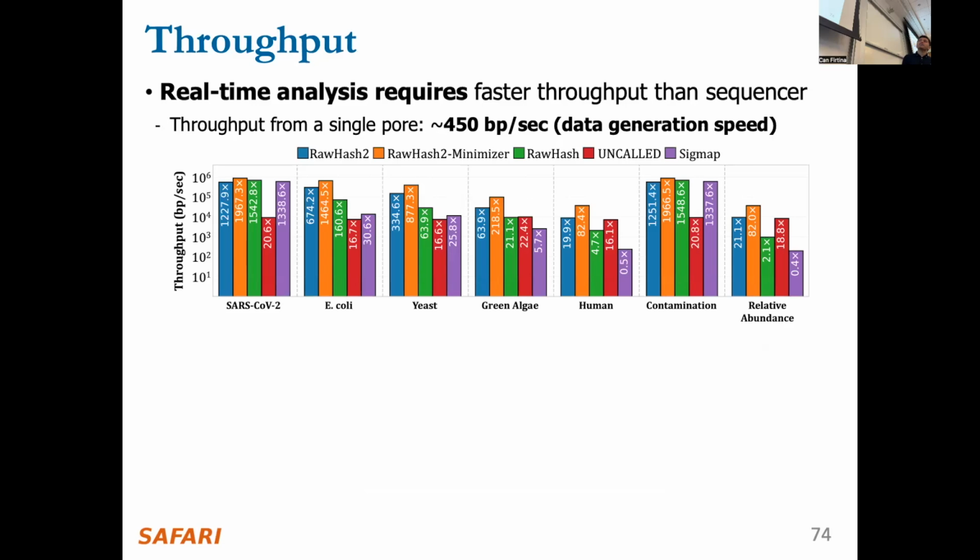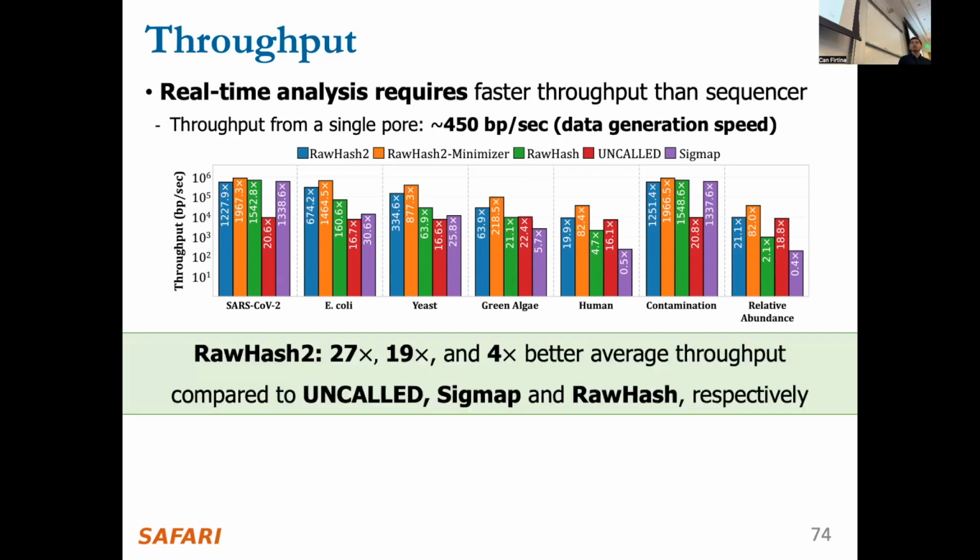On the y-axis, we have the throughput numbers, and on the x-axis, we have the data sets and the use cases. Based on these results, we make two key observations. One observation is RowHash2 substantially improves the throughput compared to all these state-of-the-art works, including RowHash, its predecessor, by 4x.